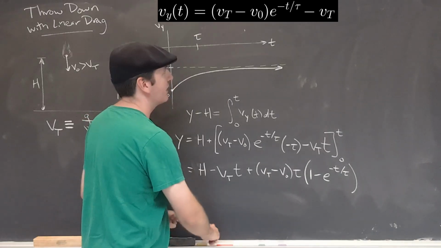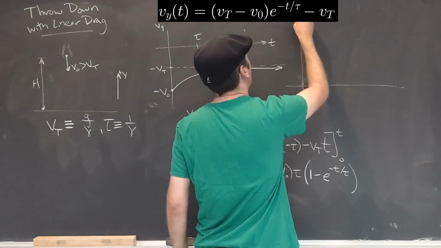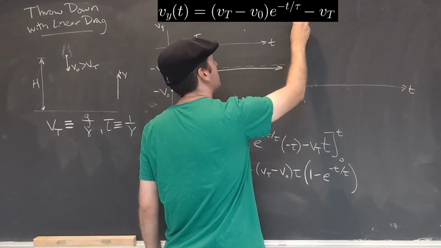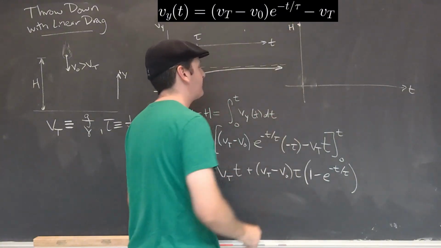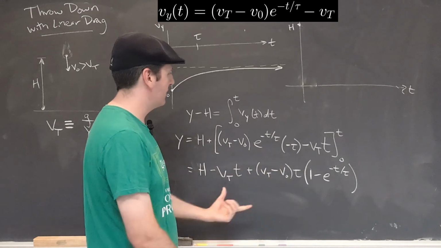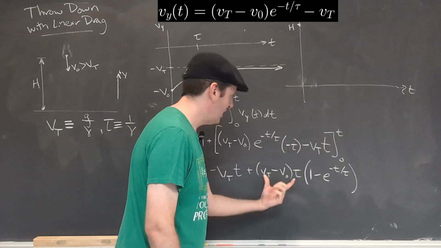And maybe just as a quick little side graph here, we can put y and t just to get a rough idea of how this would look. So we start at some height h. Way down in time, we're expecting this thing to asymptote out to vt minus v naught tau, a constant.